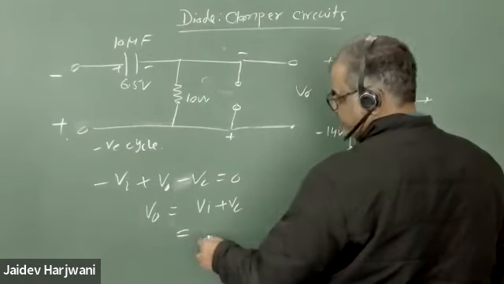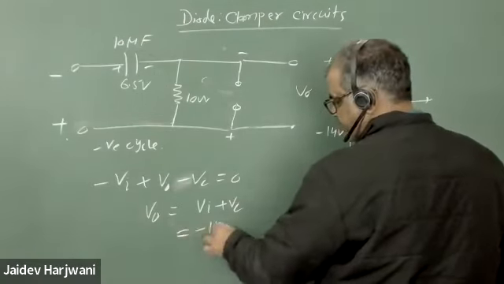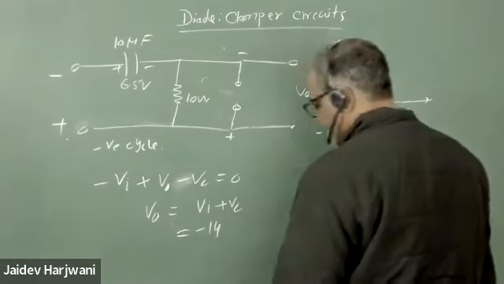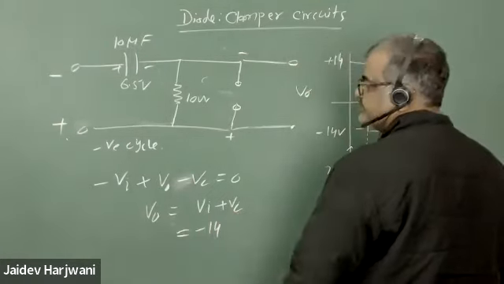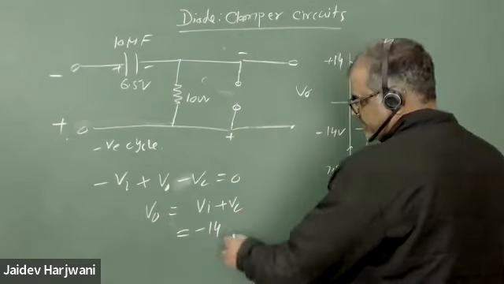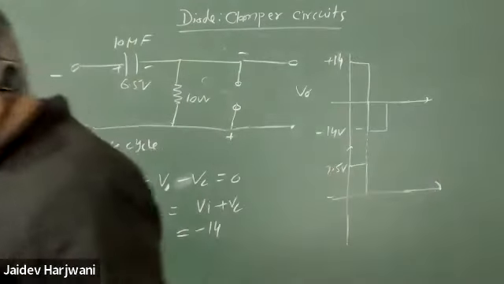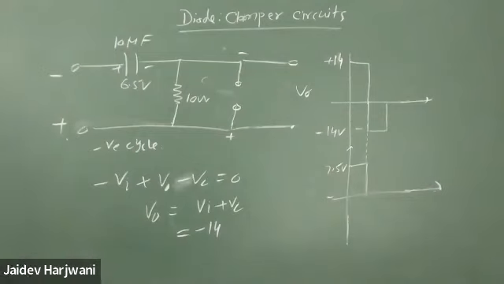So how much will it become? Tell me, minus 14 volt. Minus 14 volt, and VC is how much? 7.5. No, it's not 7.5, it's 6.5. Just check the sign again. So how am I writing it? I'm writing for the second cycle, this plus minus, so this is 14 volt, 6.5.